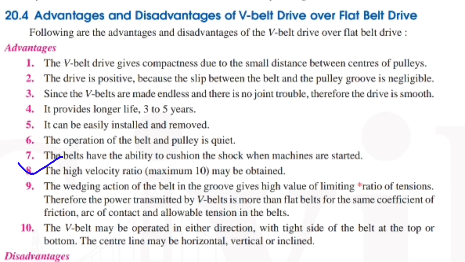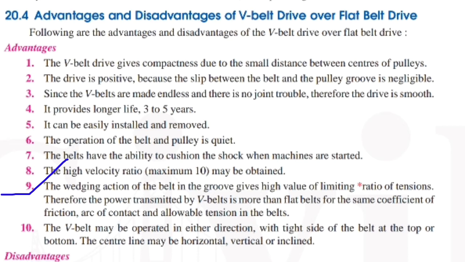Ninth, the wedging action of the belt in the groove gives a high value of limiting ratio of tensions. Therefore, the power transmitted by V belts is more than flat belts for the same coefficient of friction, arc of contact and allowable tension in the belts.